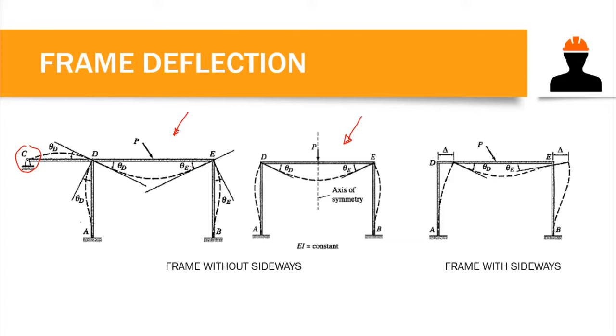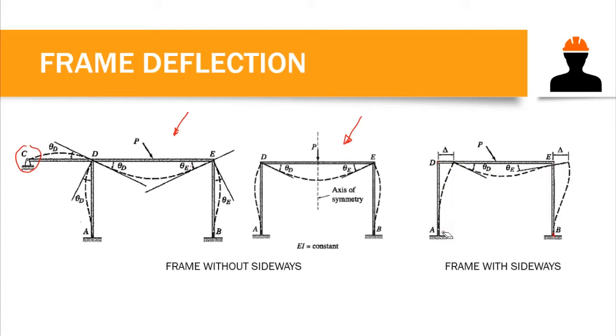But for this frame structure, in which we have a horizontal component of load P, that horizontal component of the load would deflect our frame like this. Because, as you can see, we have a chord rotation of member AD and chord rotation of member BE. Hence, this is an example of a frame with sideways.